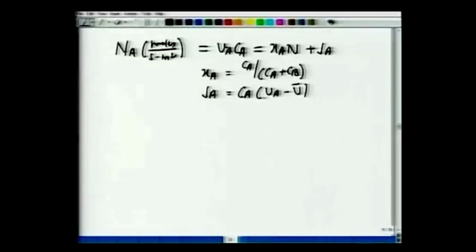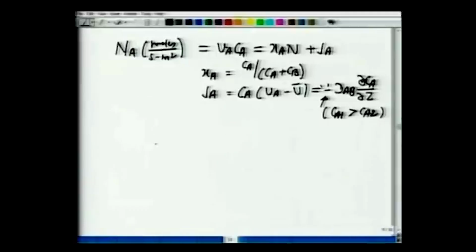So this is the molar flux of diffusion by Fick's law as observed by the observer who is moving with this average bulk fluid velocity. This will equal minus D_AB del C_A over del z. The negative sign means diffusion takes place from higher concentration to lower concentration, so C_A1 is greater than C_A2.